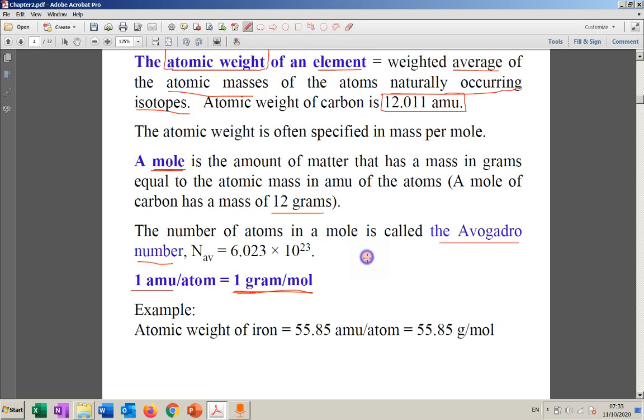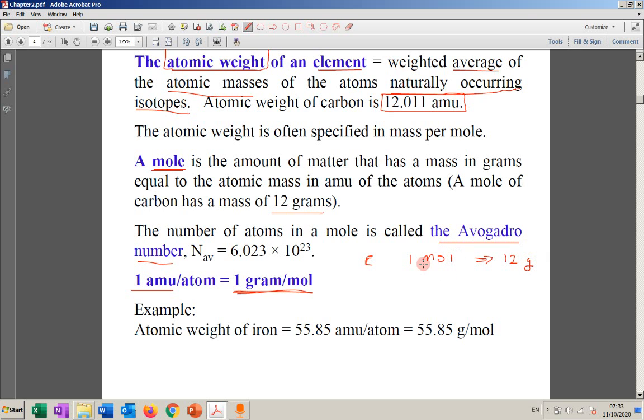Now, we know that, for example, for carbon, 1 mole of carbon is going to be 12 gram.